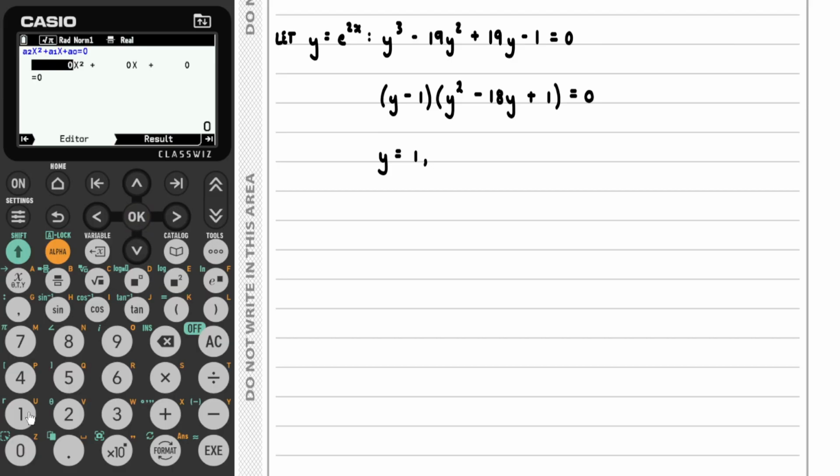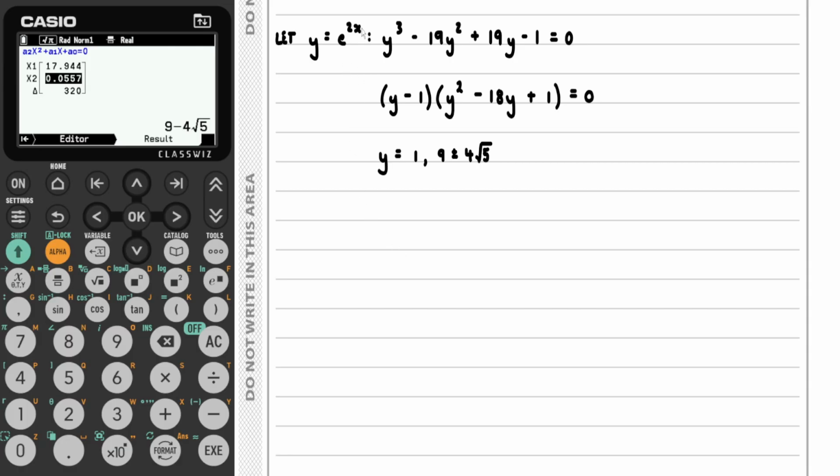We have 1y squared subtract 18y plus 1 equals 0. So we have 9 plus 4 root 5 and 9 subtract 4 root 5 as our solutions. So we have as well y equals 9 plus minus 4 root 5.